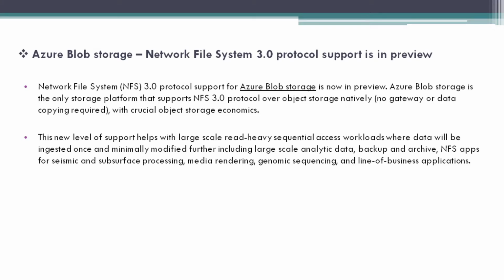The new level of support helps with large-scale read-heavy sequential access workloads where data will be ingested once and minimally modified further, including large-scale analytics data, backups and archive, NFS apps for seismic and subsurface processing, media rendering, genomic sequencing, and line of business applications.